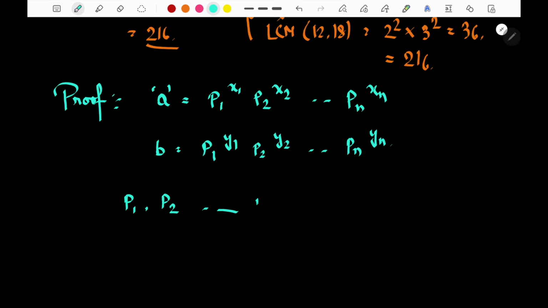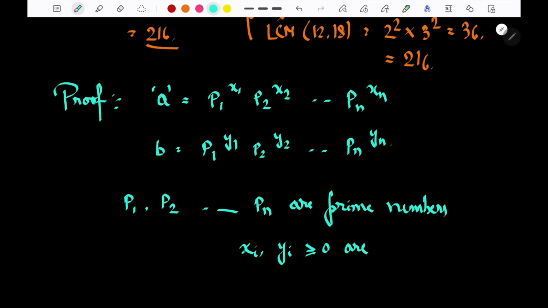I am just trying to prove it simply. These are prime numbers, and xi, yi are greater than or equal to 0; they are integers. I am talking of exponents.